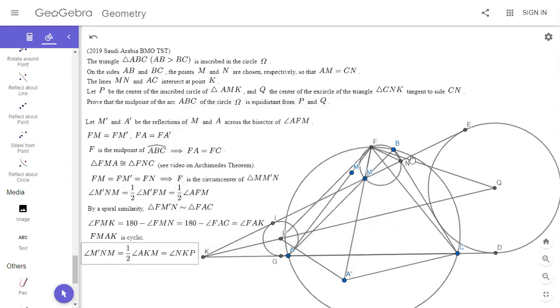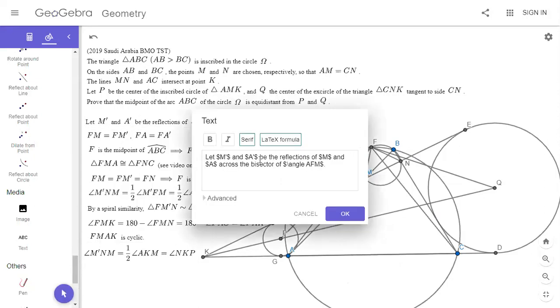So if angle M prime NM is equal to angle NKP, that means that M prime N is parallel to PQ. I don't even know if we needed A prime. I don't think we did. Yeah, A prime is irrelevant.